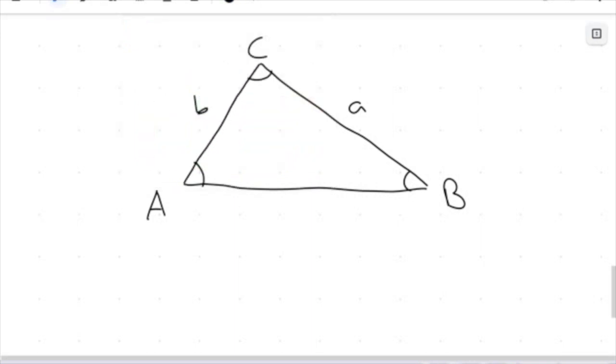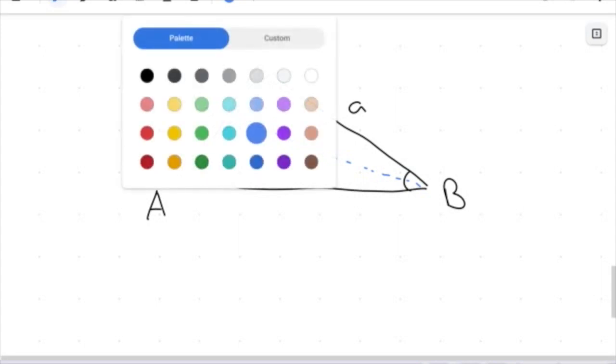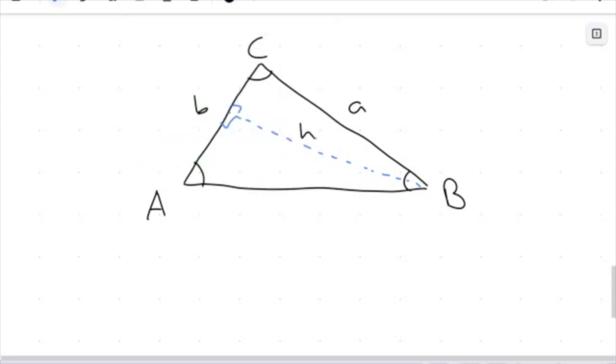What if I drew a perpendicular height somewhere here? So I made a perpendicular line and stretched it over to there. I get a couple of new right angle triangles. So let's say I have this here and I have a length of h, my perpendicular height.